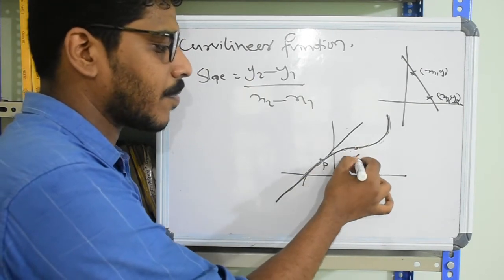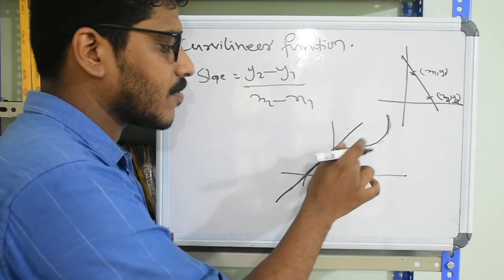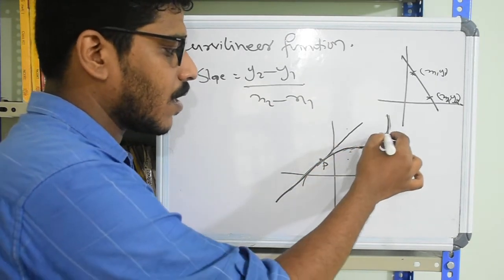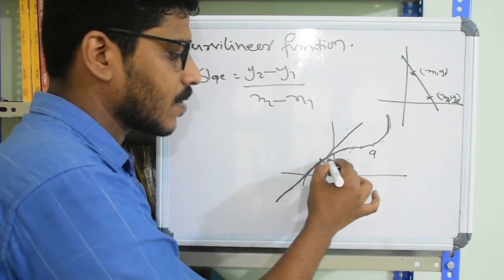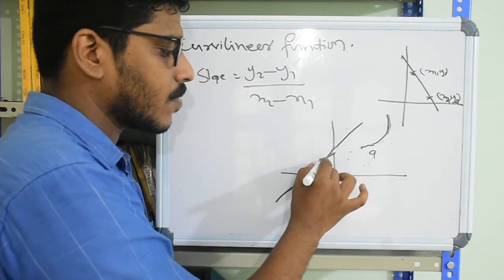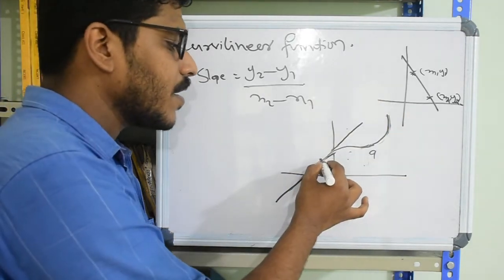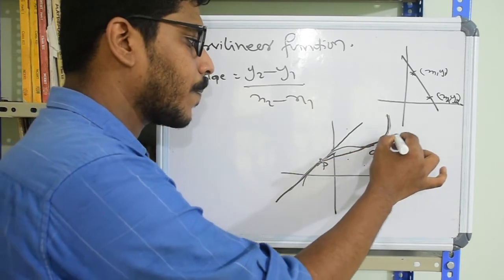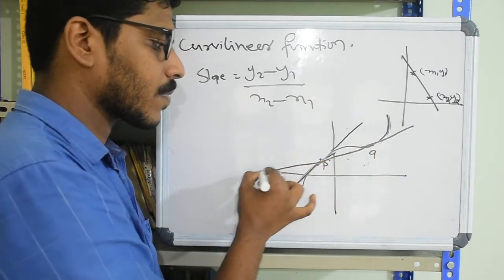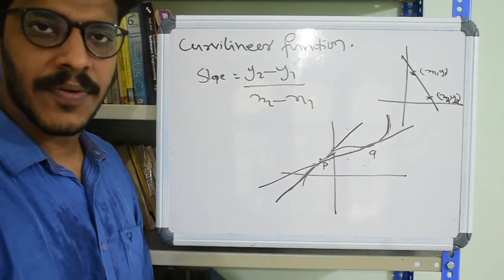For the sake of comfort, I choose Q to be maybe here itself, and the curve is a little more curved. Here I construct a new line which passes through P and Q.